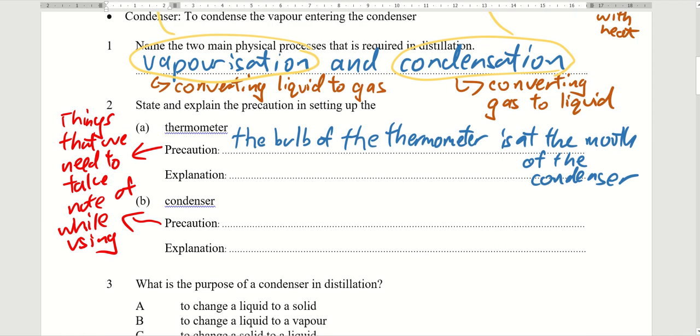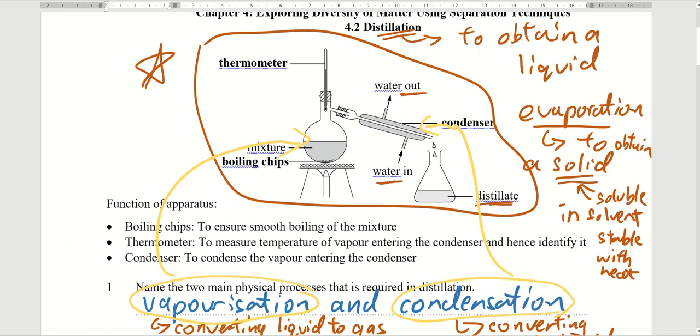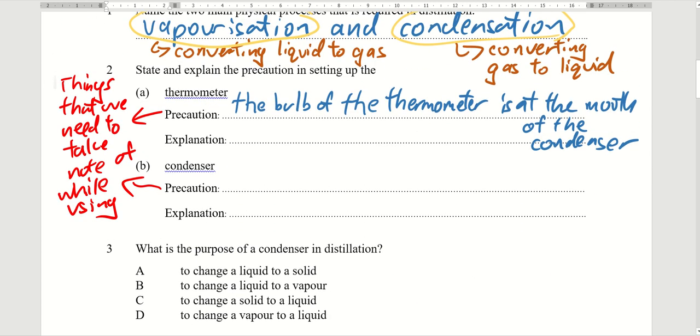If you look back at the diagram above, you notice that the bulb of the thermometer is actually at the mouth of the condenser. This is the part that we are referring to. Please be very, very careful. Why do we want it to be over there? What's the explanation? Basically, this will ensure the bulb will measure the temperature of the vapor that is going into the condenser.